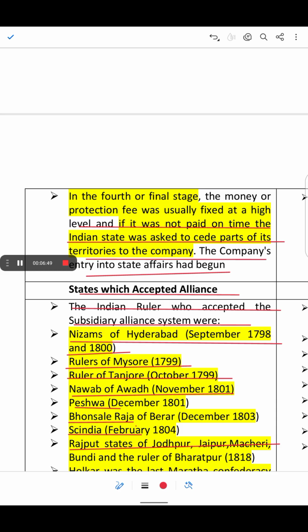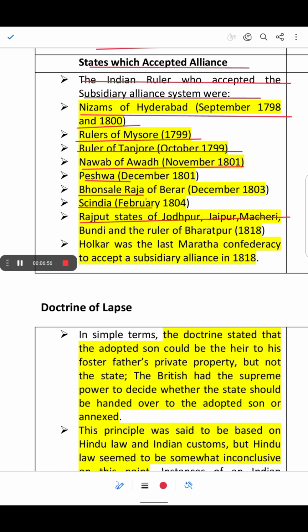Now, the Indian rulers who had accepted this subsidiary alliance were the Nizam of Hyderabad in 1798 and 1800, the ruler of Mysore in 1799, the ruler of Tanjore, the ruler of Awadh, the Maratha Empire, the Peshwa, the Bhosle of the Maratha Empire, then Sindhia, the Rajput states of Jodhpur, Jaipur, Macheri, Bundi, and the ruler of Bharatpur in 1818.